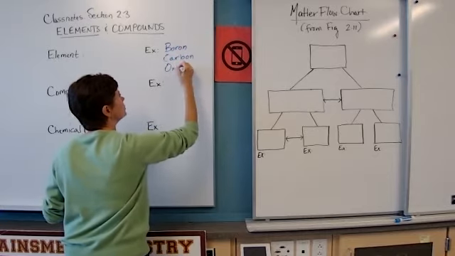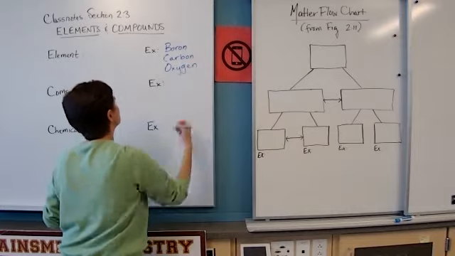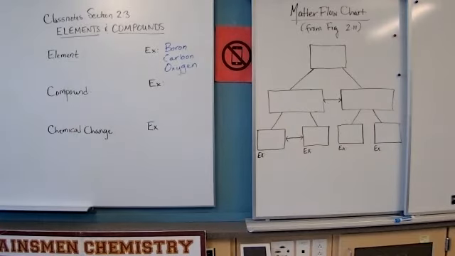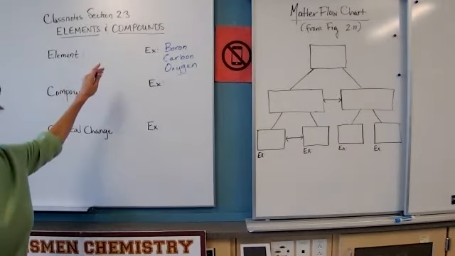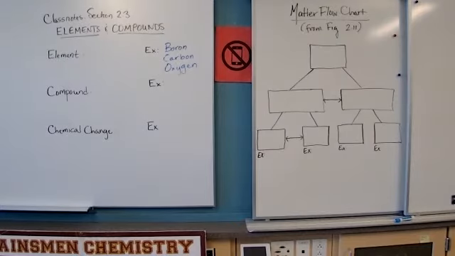Again, if you're not sure if something is an example of an element, you would need to refer to the periodic table. Again, your definition, that would be the simplest form of matter that has unique properties.